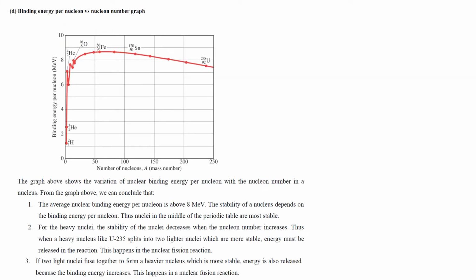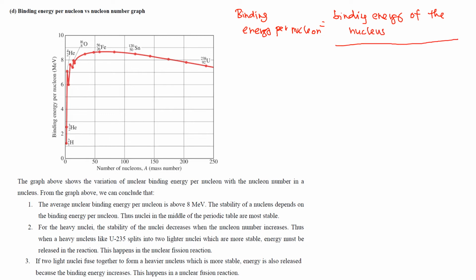Let's look at the graph of binding energy per nucleon versus nucleon number. First of all, you need to memorize this equation: binding energy per nucleon is equal to the binding energy of the nucleus divided by the nucleon number.